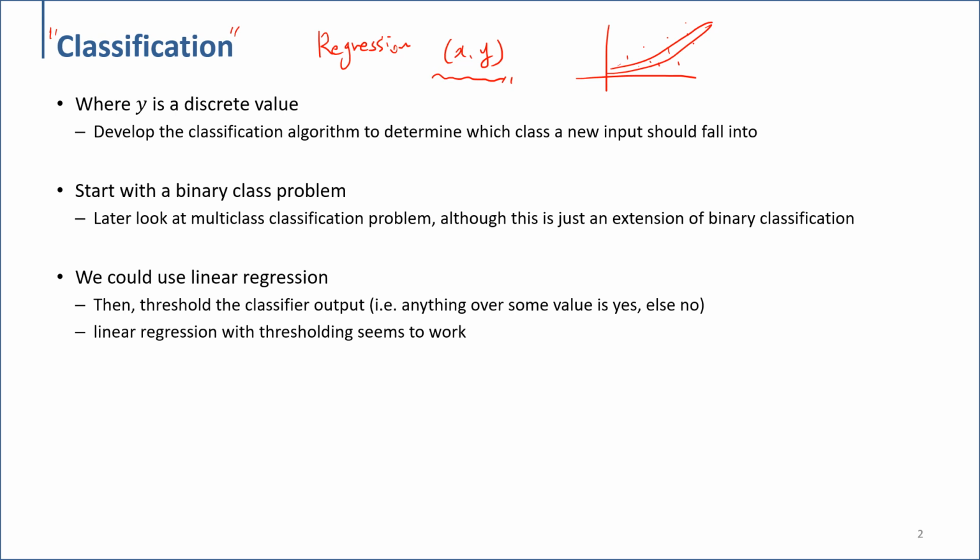Here our predicted value of y can have any continuous value. But in contrast, in classification, our prediction model predicts y with a discrete value. That's the big difference between regression and classification. In regression, our predicted value can have a continuous value.